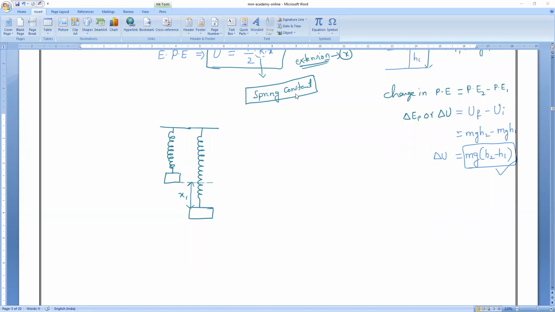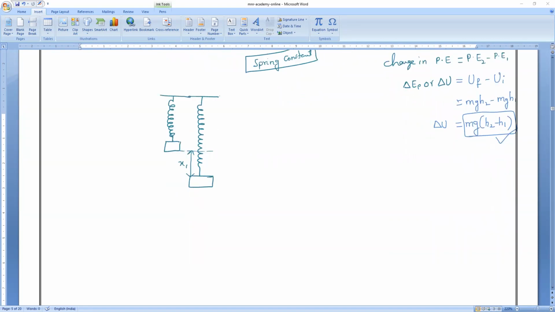After a certain time, the elongation of the spring is extended up to x2 distance. So from here to here, it has been extended to x2 distance. Do you all understand?